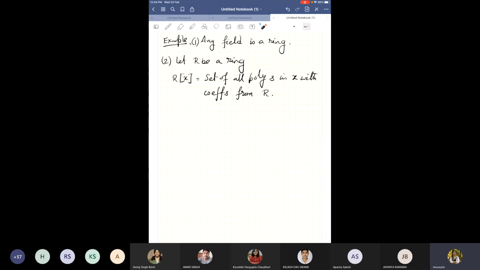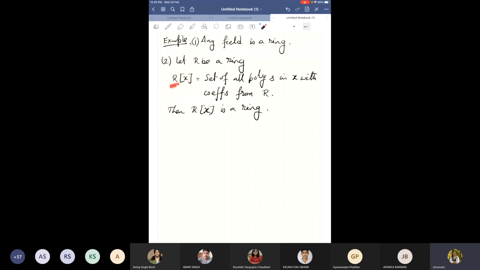Then you can see that this is also having a ring structure. So R[x] is a ring. Now, is R[x] a commutative ring? It depends on whether this R I have started with is commutative or not.